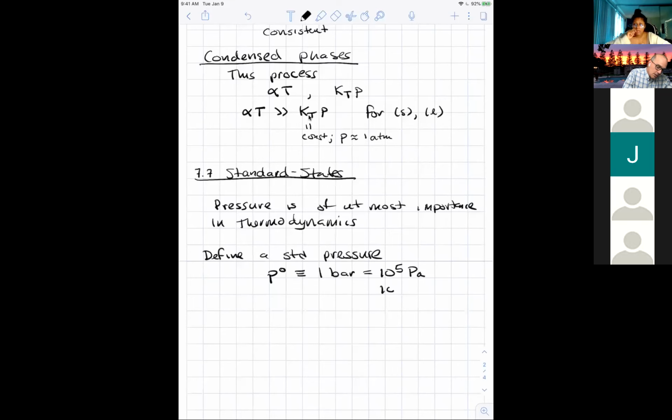Or 100 kilopascals, right? And so this is slightly less than an atmosphere, right? Because an atmosphere is 101.3 kilopascals. So this is 1% different from an atm.